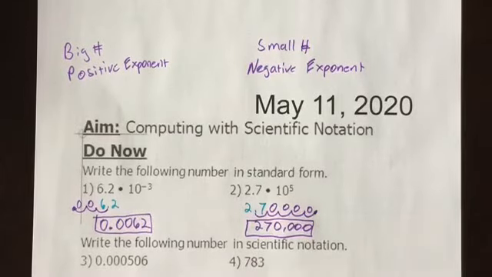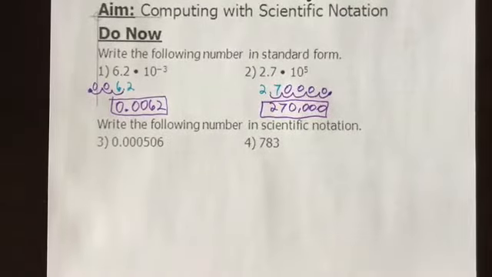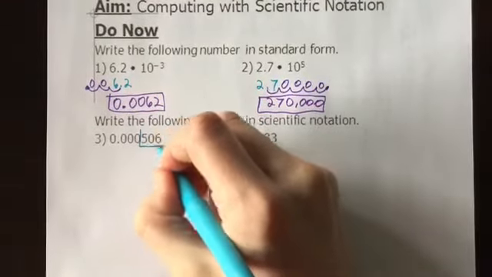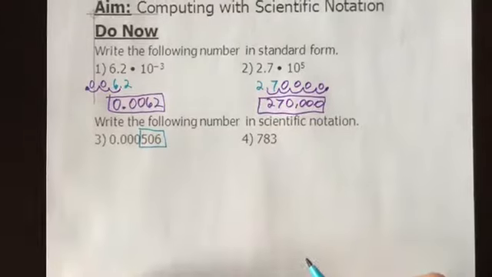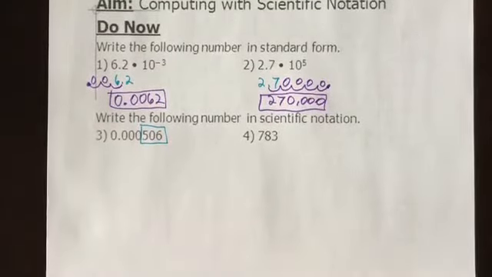Now, numbers 3 and 4, we're taking a number in standard form, writing it in scientific notation. My first step, I'm going to box what will be our significand. So that'll be 506. We have to put a decimal point in to make that a proper significand between 1 and 10.